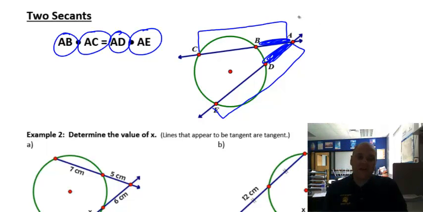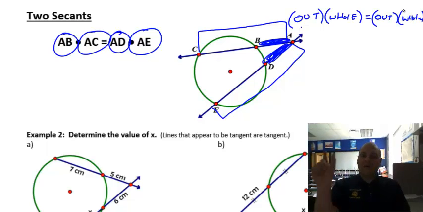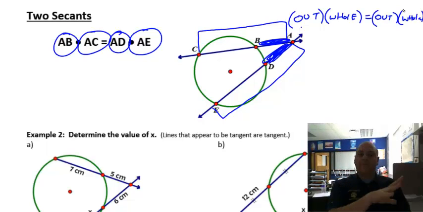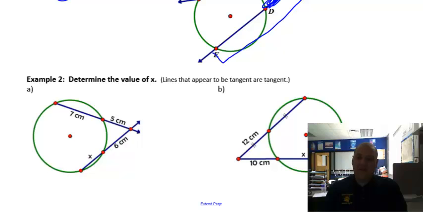So you might want to write that: the outside times the whole equals the outside times the whole. Two different segments. So we'll apply that now.